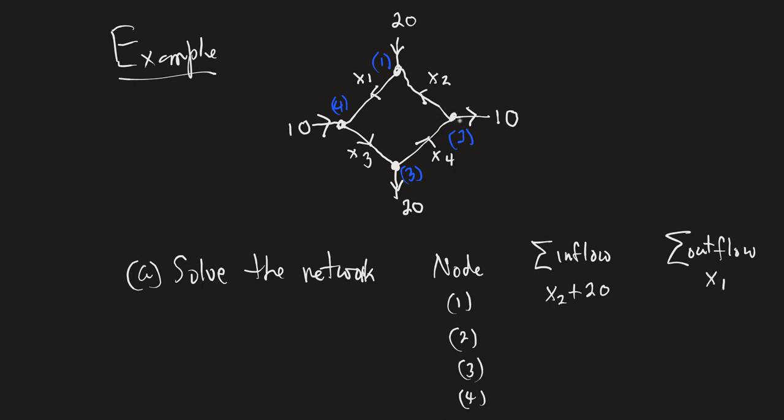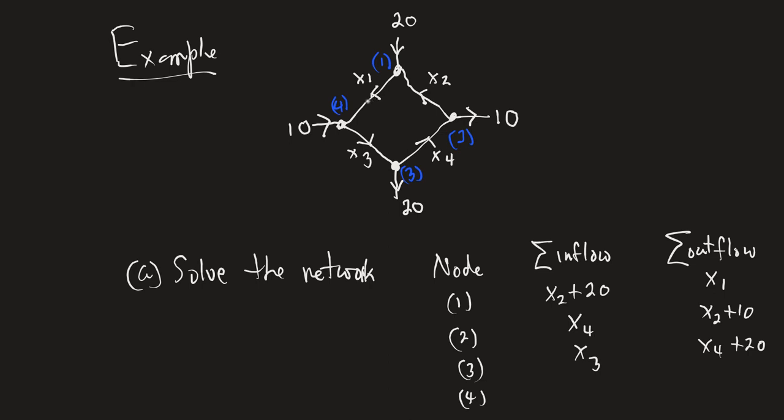At node 2, let's see, there are 2 pointing away, but 1 pointing towards, so the inflow is simply x4, and the outflow is x2 plus x1. And then at node 3, we have x3 going in, and then the sum of x4 and 20 going out. So x4 plus 20.